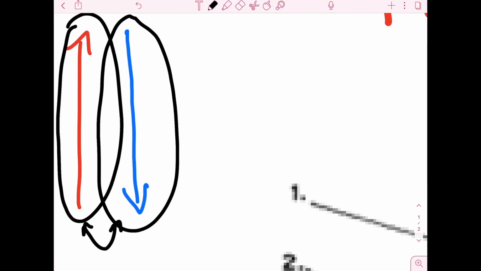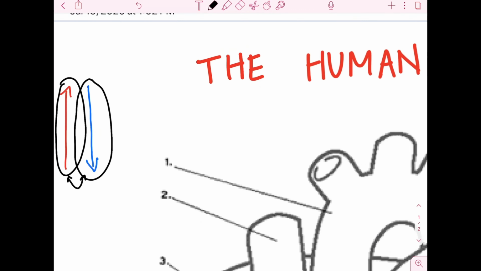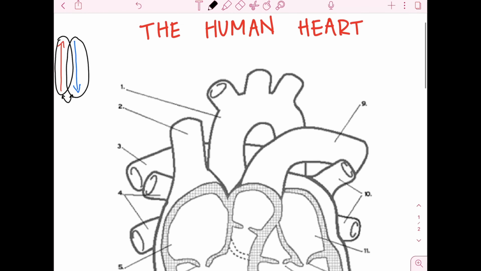The only difference is the oxygen content; there's nothing else very different in these types of blood. So remember that as we go through this video and describe the blood flow as well.